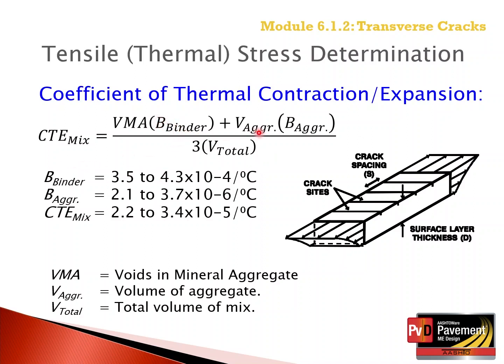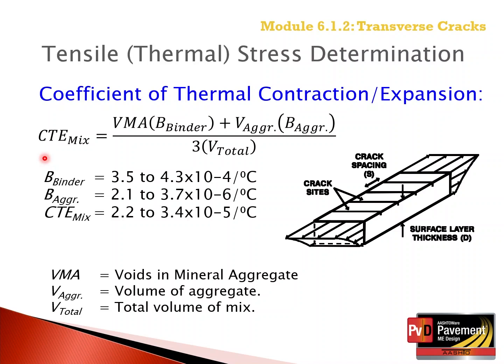So the B binder, B aggregate is simply the coefficient of expansion and contraction of the binder and of the aggregate. This is combined to estimate or calculate the coefficient of the expansion and contraction of the entire mix itself.